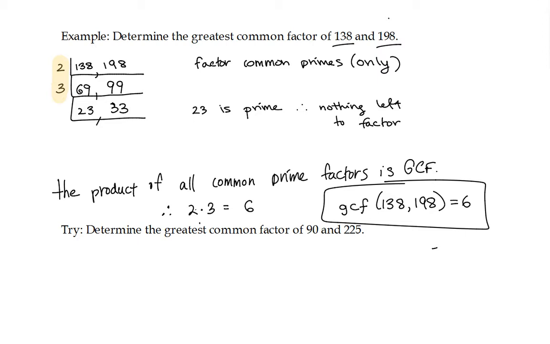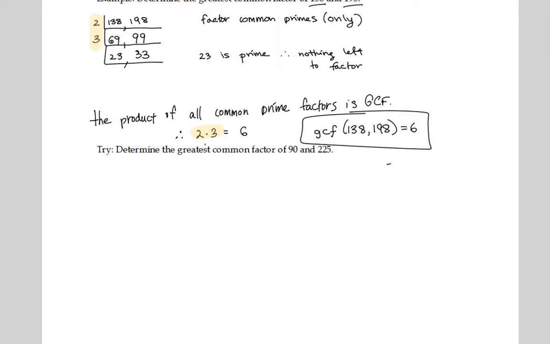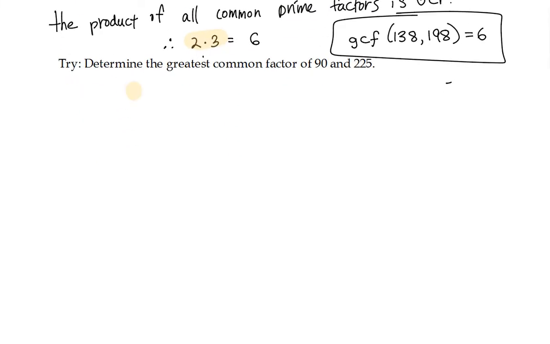All right. Let's get the answer up for this one. Greatest common factor for 90 and 225. First, you started with which value? 2 doesn't work because of the 225, right? So you started with 3 and 3 worked?